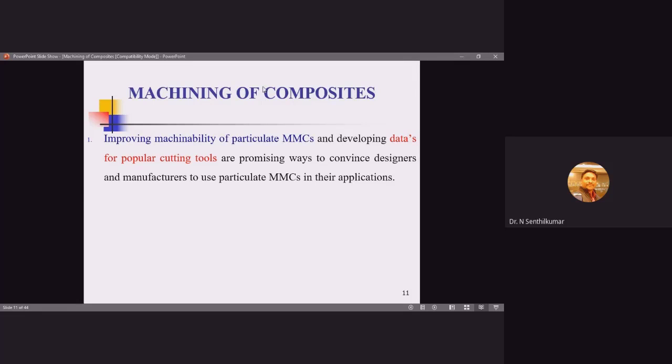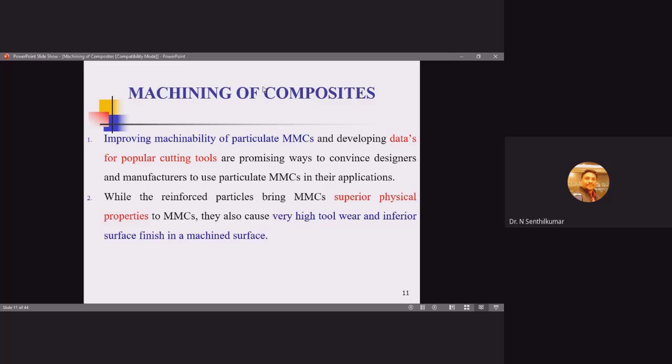Am I right or wrong? I have fabricated a very good composite with good mechanical properties, but machining is not possible. The material is not removed even with advanced cutting tools. What happens? That material is a waste. So for these purposes, we need the machining of composites.